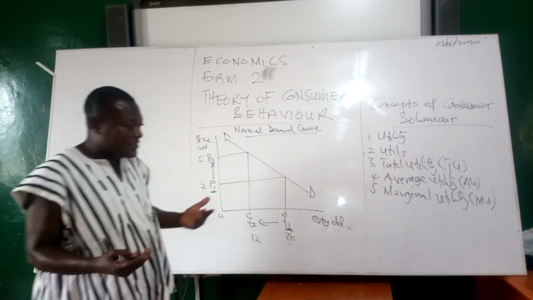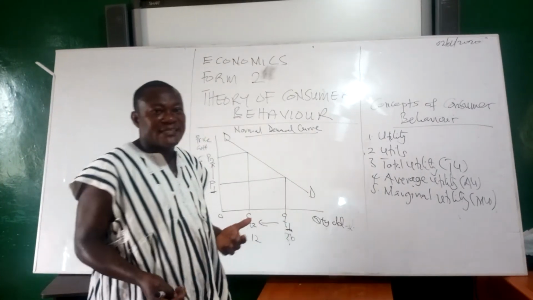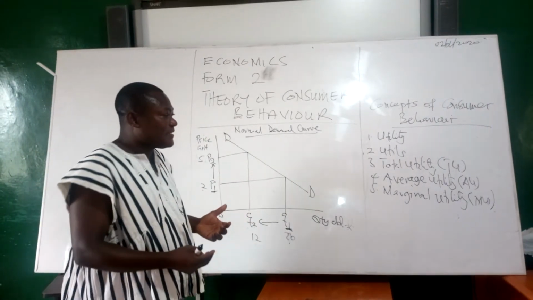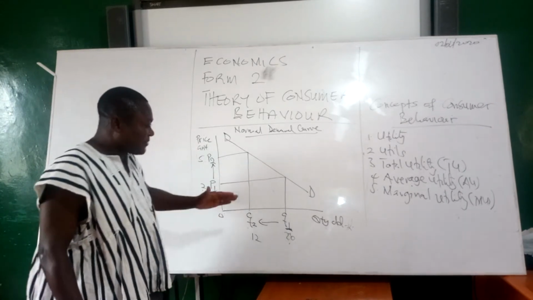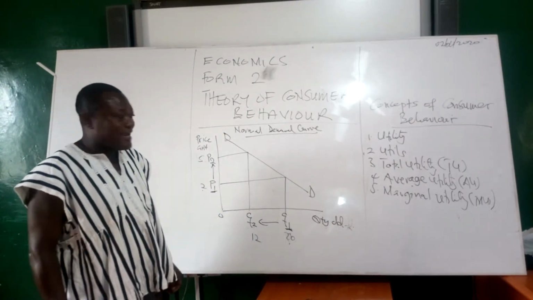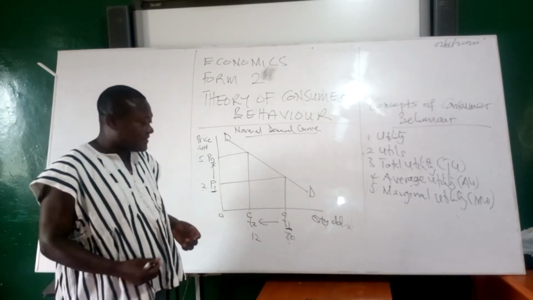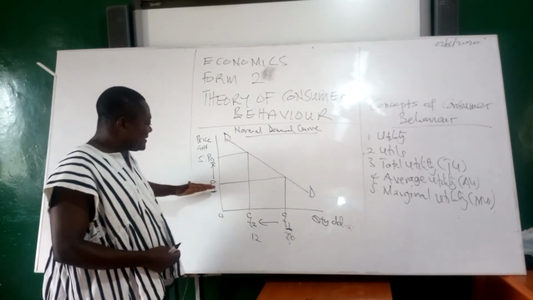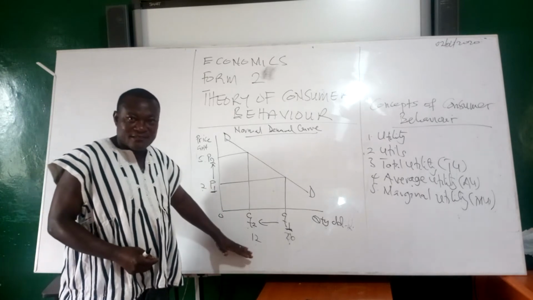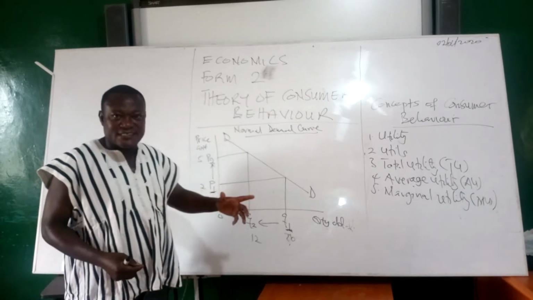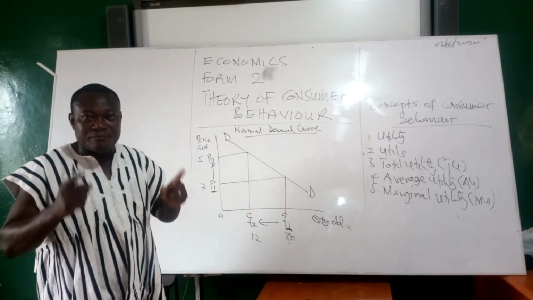In short, quantity demanded of the commodity increases when price falls, and on the other hand, quantity demanded falls when price rises, all things being equal.